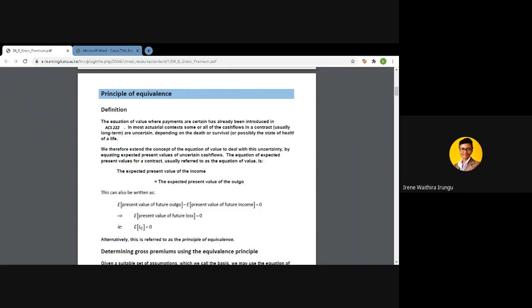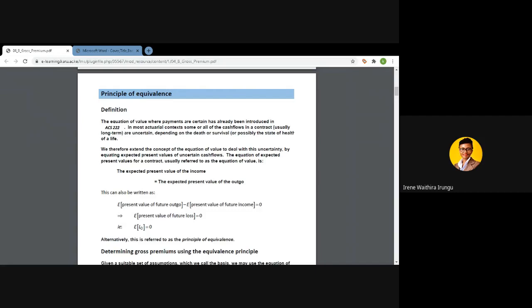We also have the expenses attached to the contract, and the only income we anticipate from the contract is the premium. So we'll be using this principle of equivalence, where we'll be equating the present value of outgo, that is the benefits as well as expenses, to the expected present value of future income, and that is in the premiums.